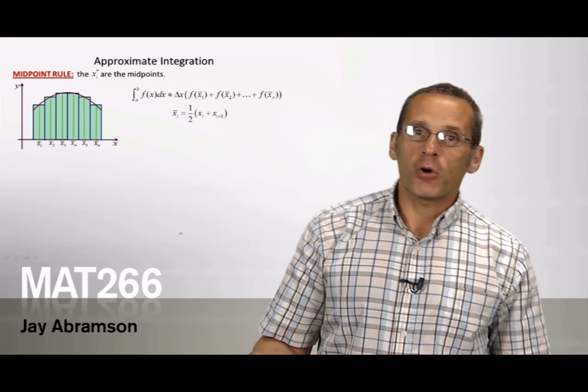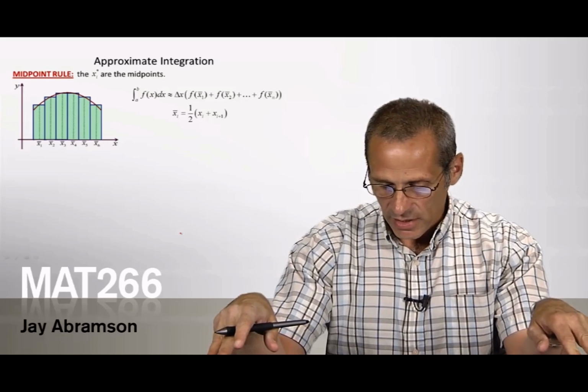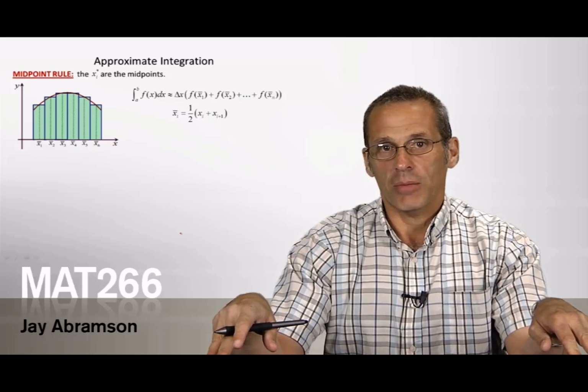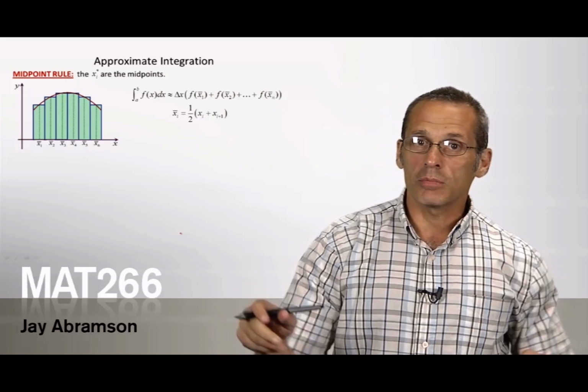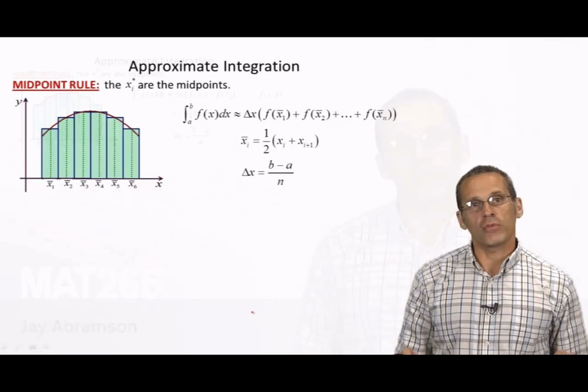And we continue until we get to the midpoint of the last subinterval, and we evaluate f at that x value, f of xn bar. Each x bar i is found to be the midpoint for each subinterval, so we would take 1/2 of x sub i plus x sub i plus 1 and determine each particular midpoint. And again, delta x is b minus a over n.